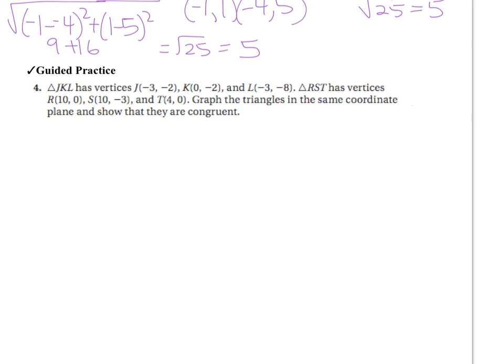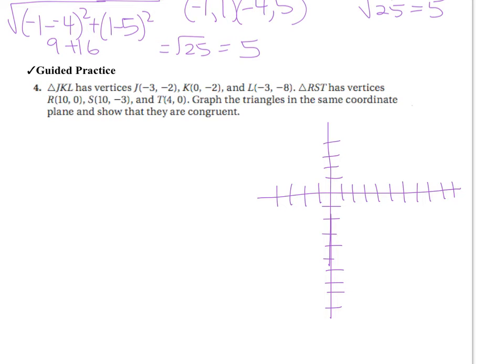Okay, so the guided practice I'm going to do with you, I suggest we graph these so we can look at it a little easier. These are these lower quadrants. Okay, so I'm going to plot, and I'll plot these in different colors.